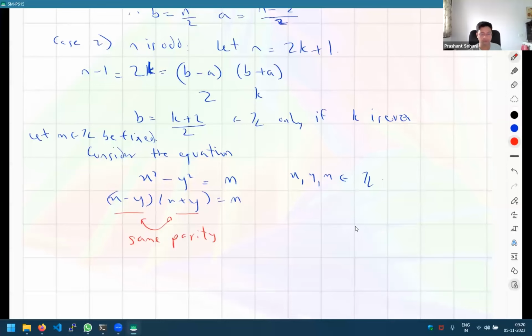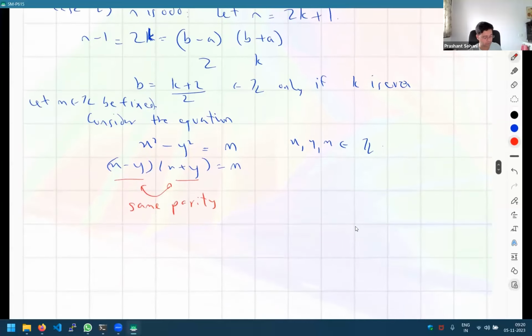Because the difference between them is 2y. So either they have to be both odd or both even. We cannot have one of them even and another odd. And so if this is the case, what is the implication for m? If they are both odd, then m is odd. And if they are both even, then m is not only even, but m is of the type 4k.